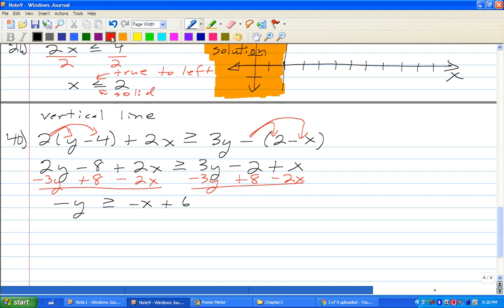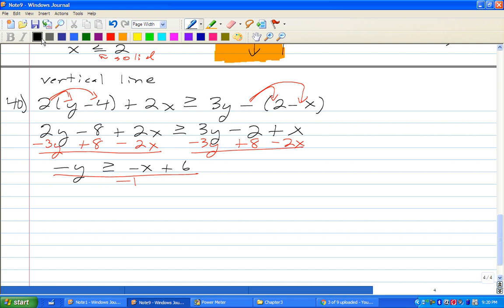Let me divide both sides of my inequality by negative 1. And so I get that y, again, since I'm dividing by a negative, I'll have to reverse the inequality. So less than or equal to negative divided by negative is a positive x. Positive divided by negative is negative.